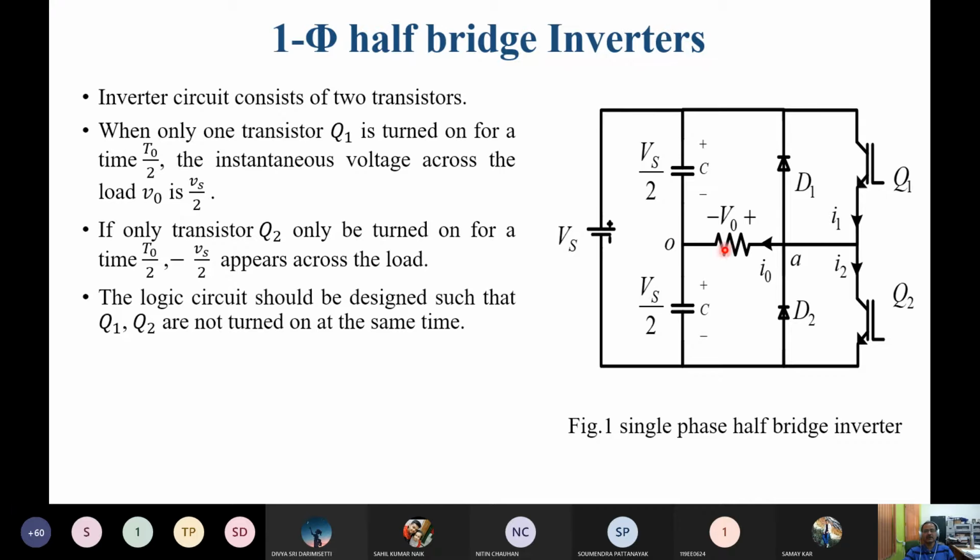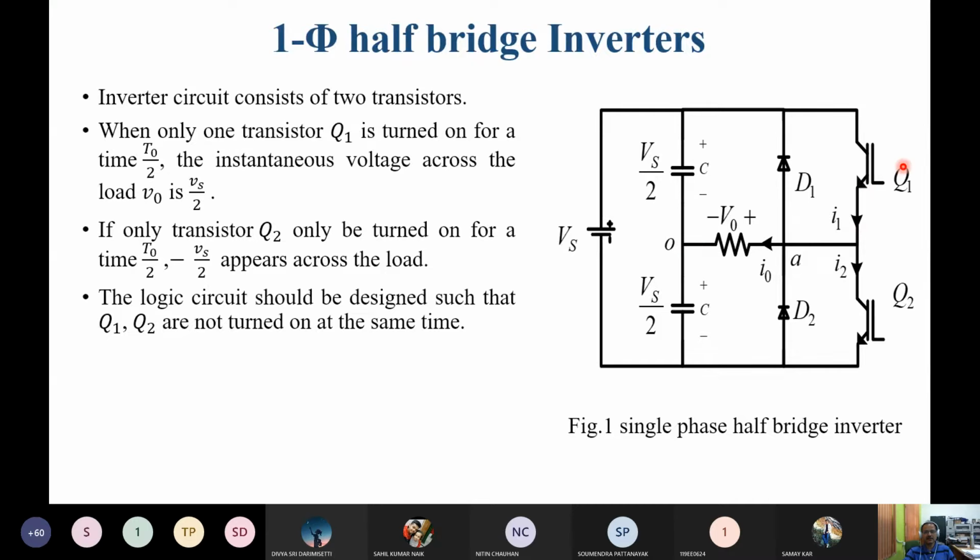Now, if it is a purely RL load, if inductance is dominating, current direction cannot be changed instantaneously in the load. So diodes are required. When Q1 is conducting, current will flow in this direction.